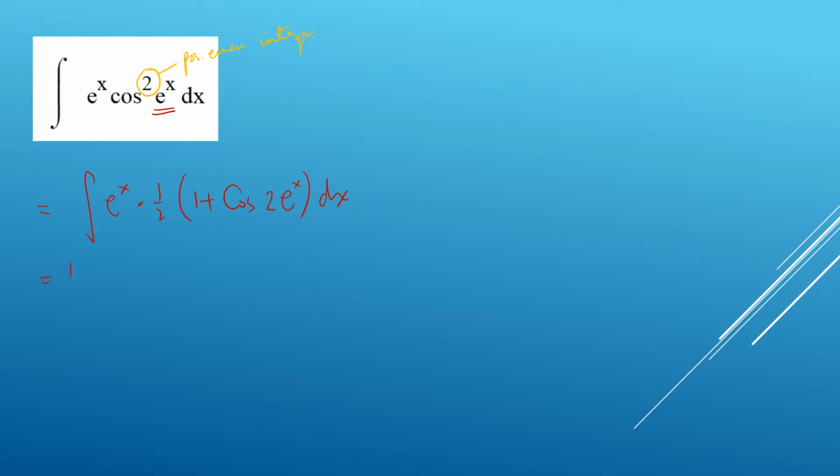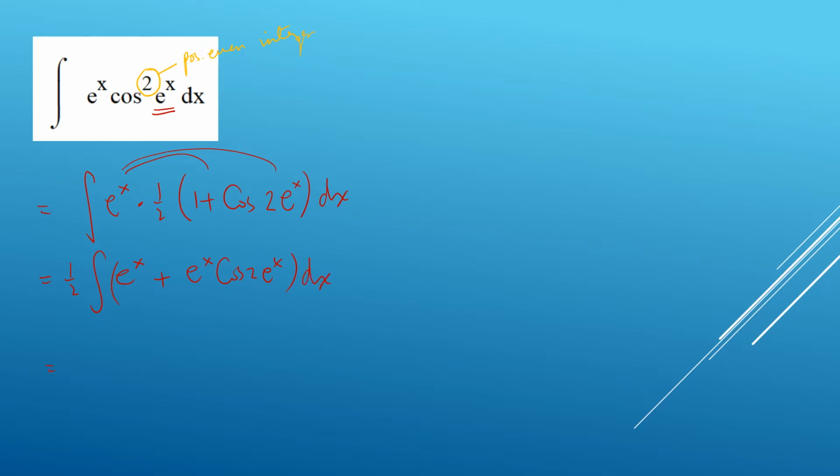We can write the constant 1/2 before the integral sign, and then we distribute e to the x. E to the x plus e to the x cosine 2e to the x everything dx.